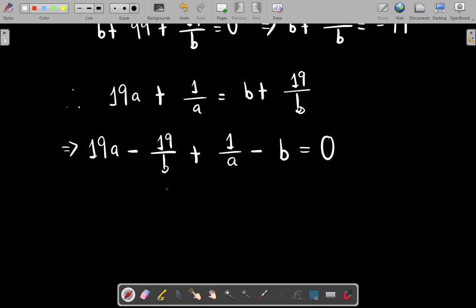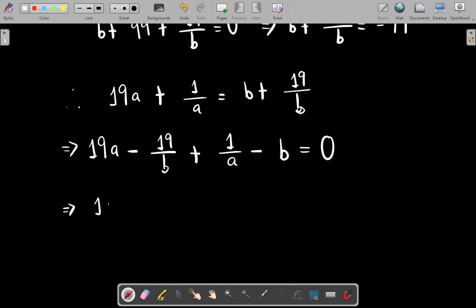Now look carefully at these terms. I multiply and divide the fraction by a in one term and by ab in the other.